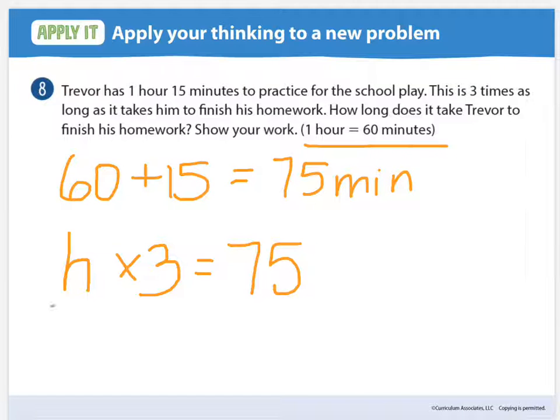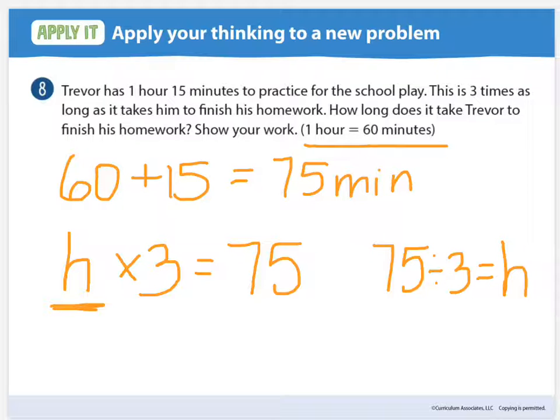So we're looking for the answer to this. H, how long does he spend on his homework, which would be homework times 3 equals 75. We could also rewrite this. We know that we could write it this way as well. 75 divided by 3 equals how much time he spent on homework.